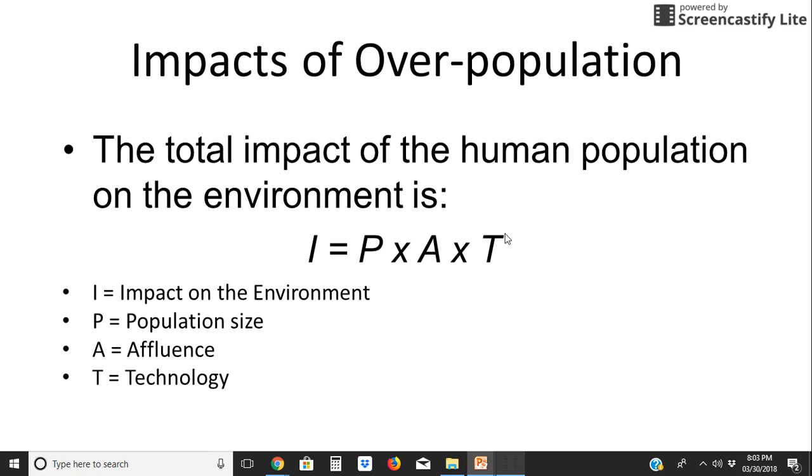So obviously the larger these numbers are, the larger the population, the larger the affluence, the larger the technology, that's going to increase our impact on the environment.